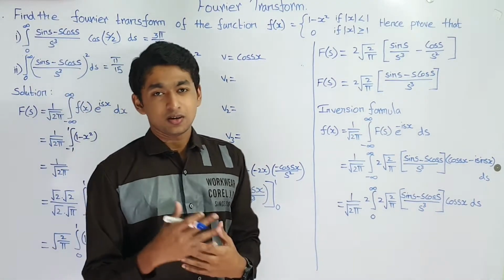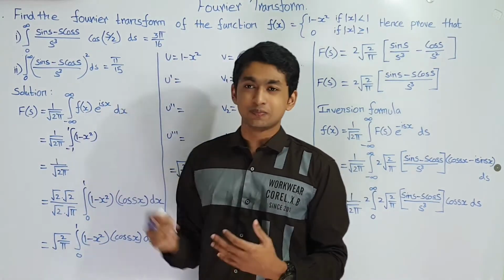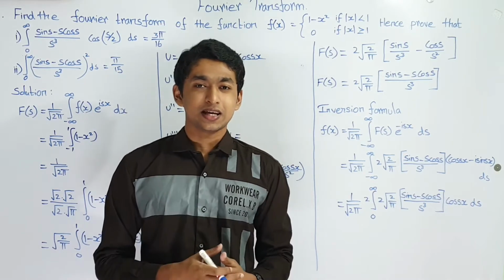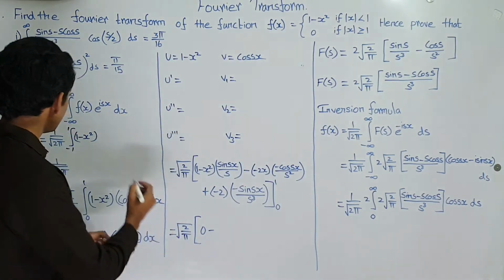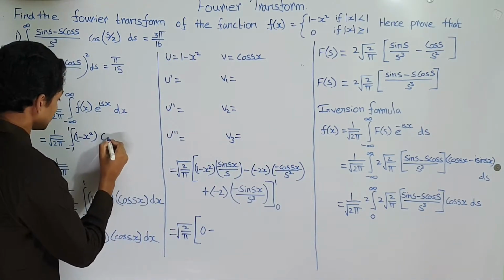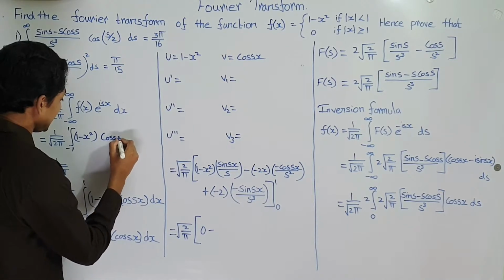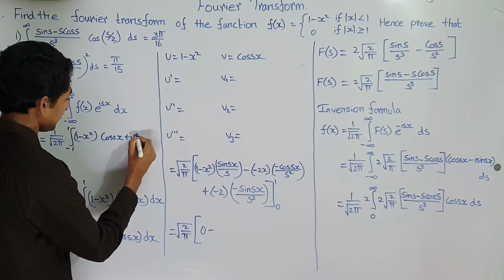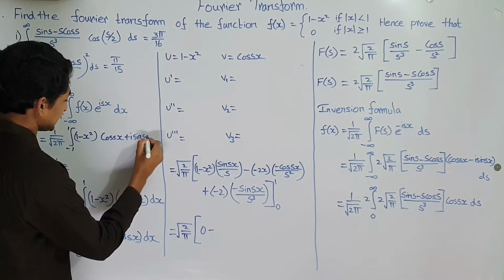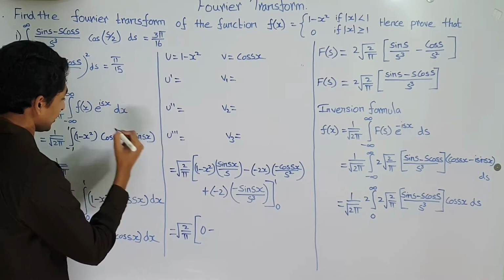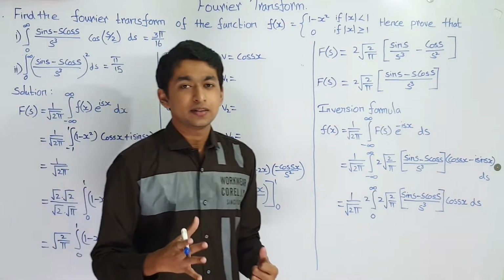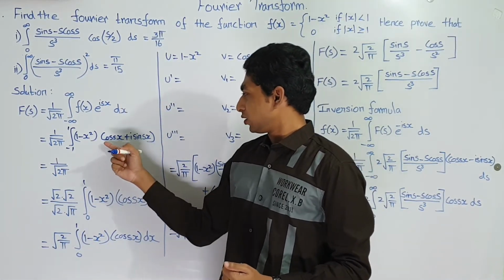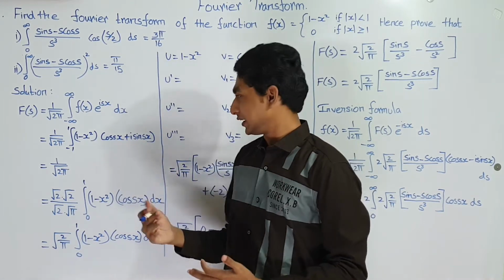What is e power i s x? It is cos s x plus i sin s x, that is its full form. Now we can neglect the i term, and the remaining cos, only cos we can write.